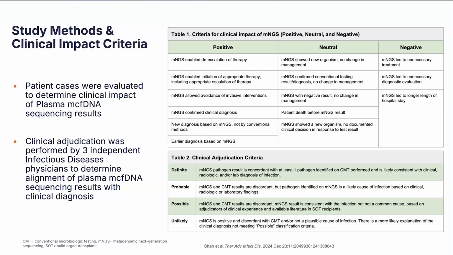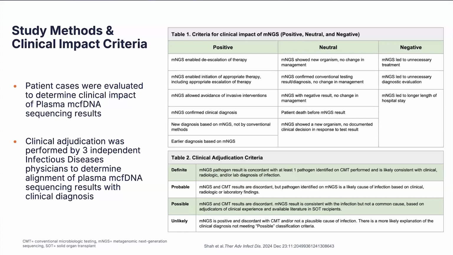So depending on whether the organism that was found in KT considered the cause of the syndrome of concern, it was divided into definite, probable, and possible, depending on correlation with CMT, whether CMT was concordant, negative, or discordant.